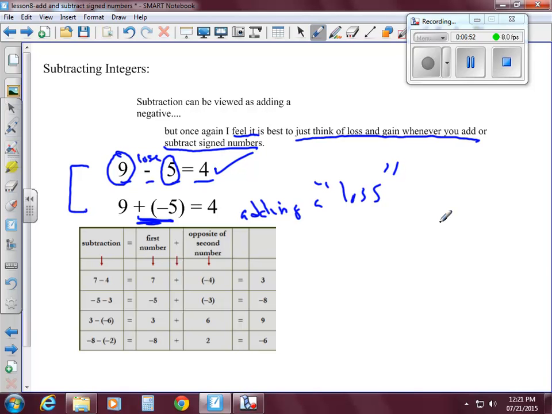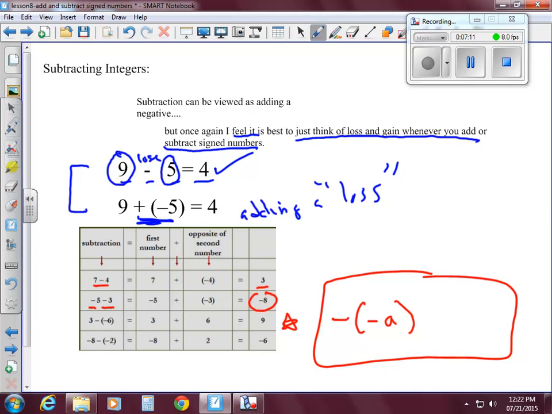So here we practice some quick mental math. We know that 7 minus 4 is 3. But here you would read this as a loss of 5, lose another 3. Well, you'd be in the hole 8, right? This one, I'm going to put a big star on. Remember that the negation of A, not A, is equal to A, right? So like the negative of negative 6 is equal to 6.